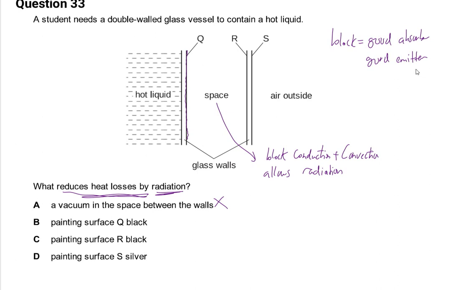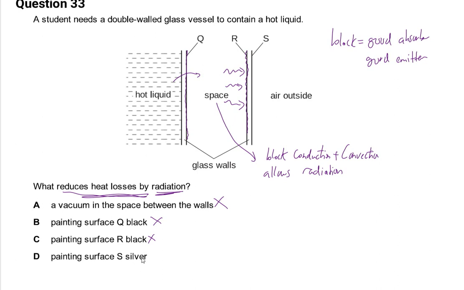So it can't be black because black is going to absorb the heat and then radiate the heat as well. Now R is black. So if this is black, it will absorb the radiation coming from it, and then it's going to emit it as well. So it can't be this one, because it's going to absorb it easily. It's going to take all the heat that's coming from the water by radiation and absorb it.